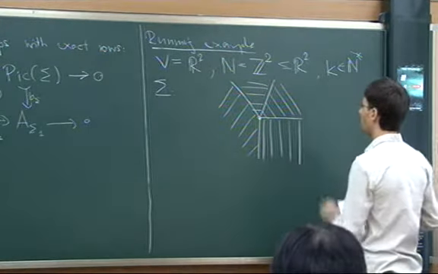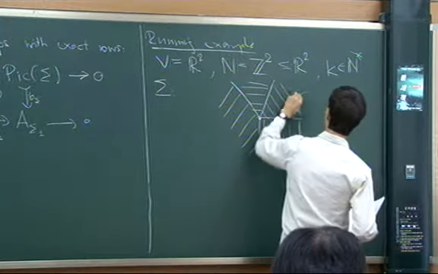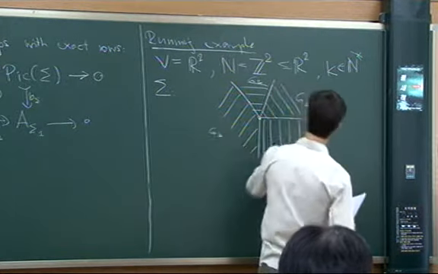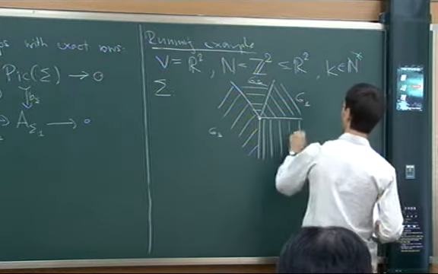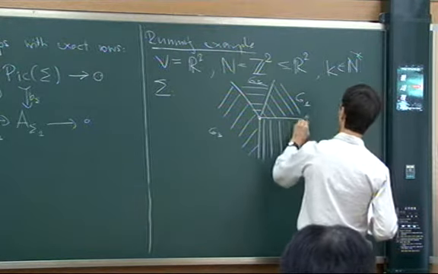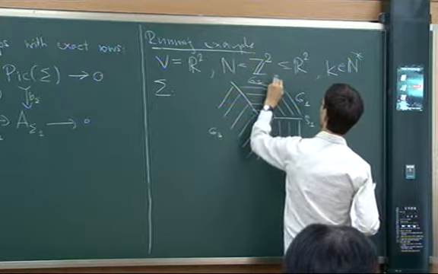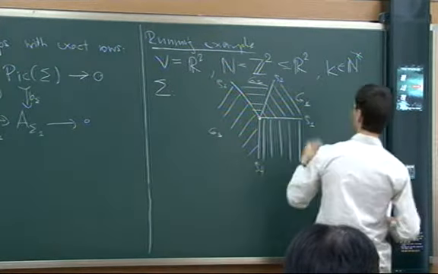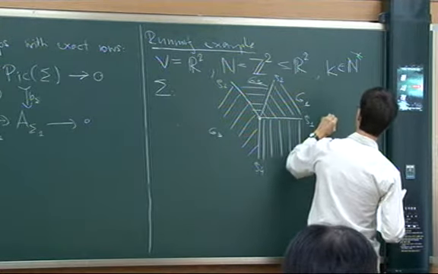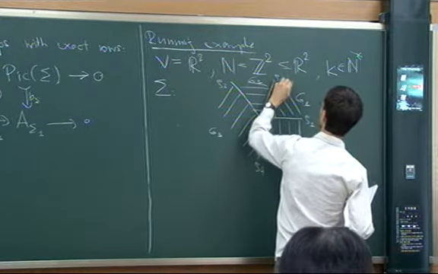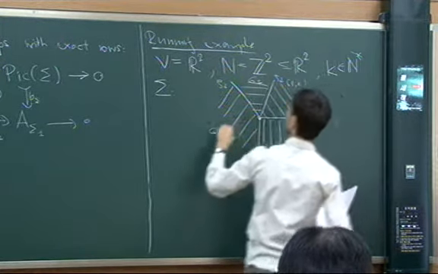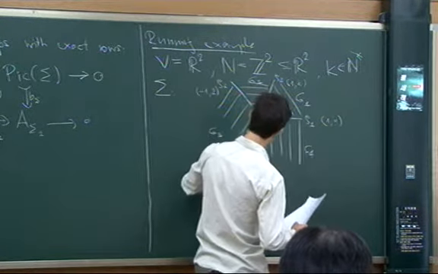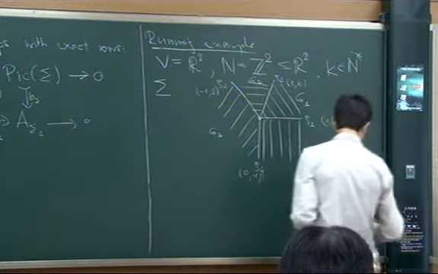So we have 4 two-dimensional cones, sigma 1, sigma 2, sigma 3, and sigma 4. And then we have 4 one-dimensional cones, rho 1, rho 2, rho 3, and rho 4. This is generated by (0,1), this is generated by (1,k), and the others are generated by (-1,2) and (0,-1).